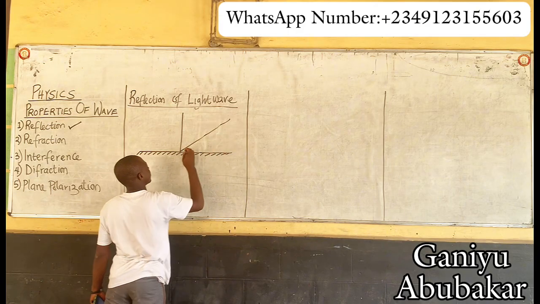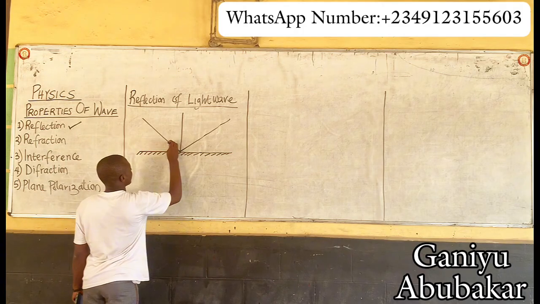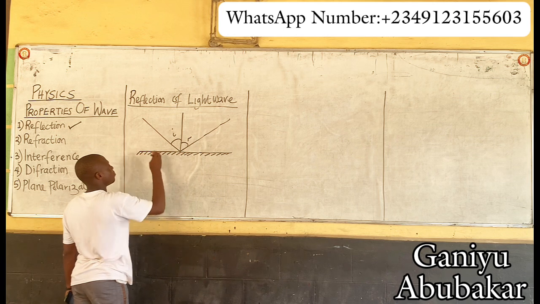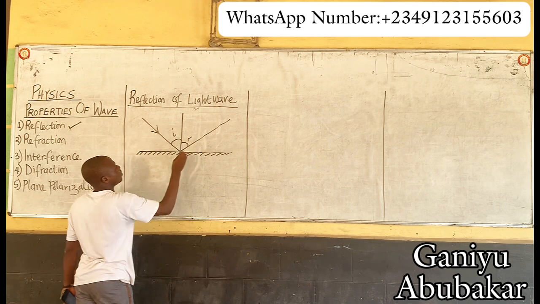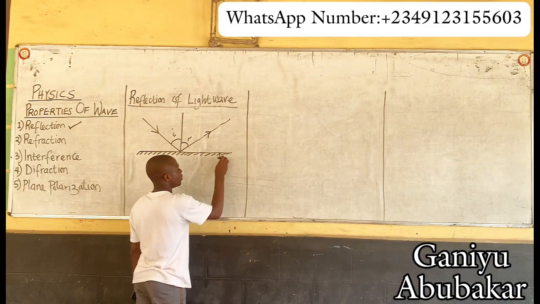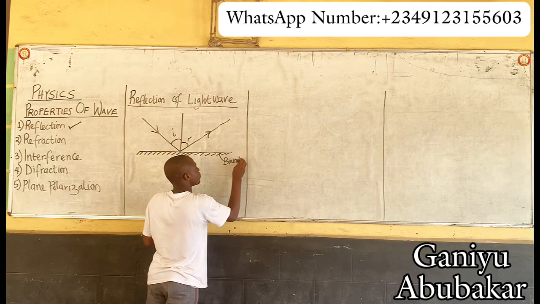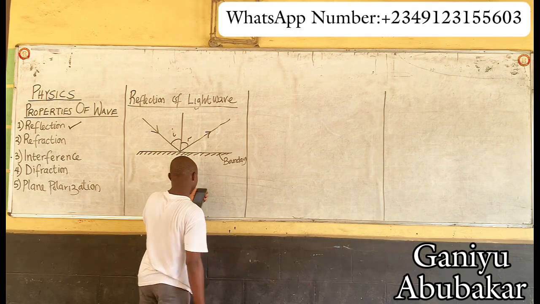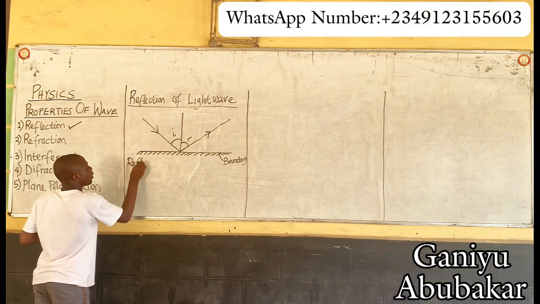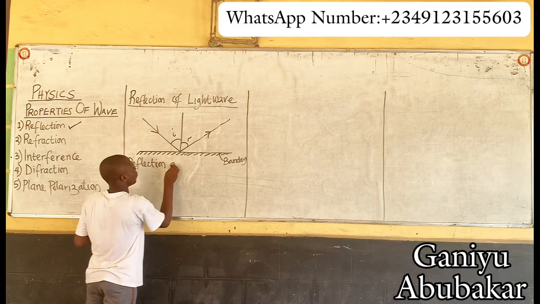Here is I, here is R; this one is going inward and that one is coming outward. This diagram represents reflection at a plane surface.